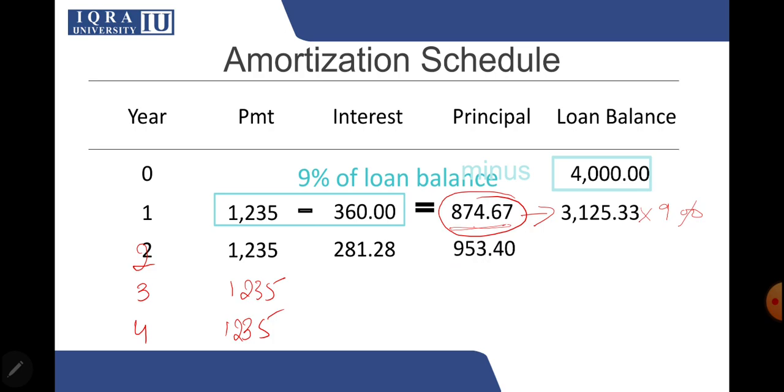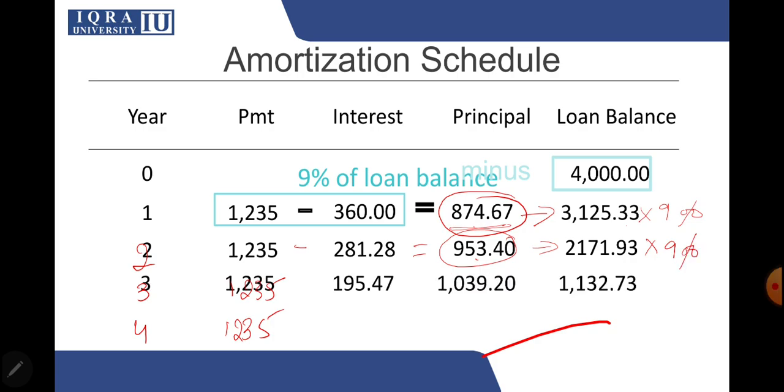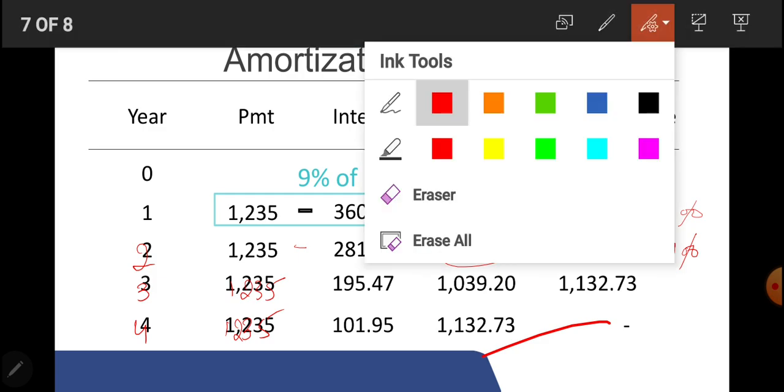What is your principal amount? So minus this, you will get your principal amount. Then 3125 minus 953 is going to give you 2171.93, and again the interest will be charged on this balance now. So on you can complete it for all of the years.